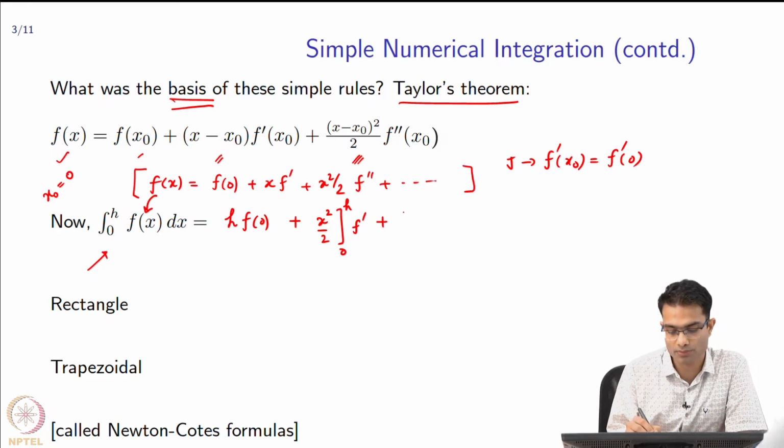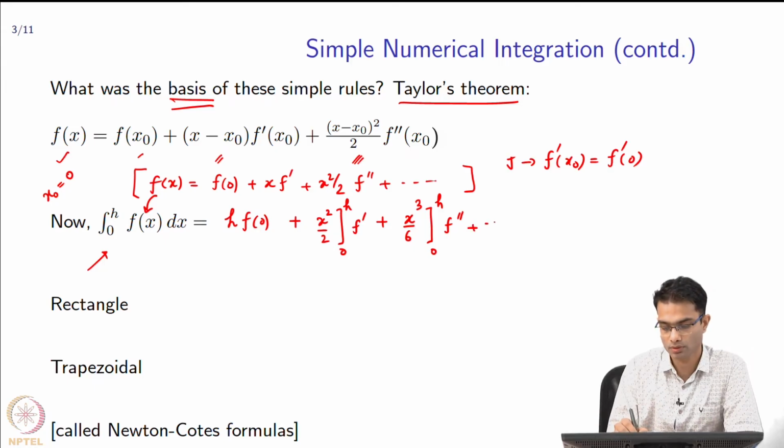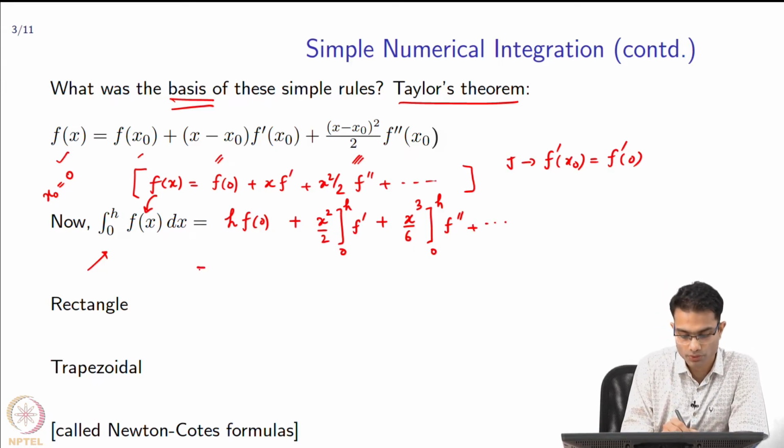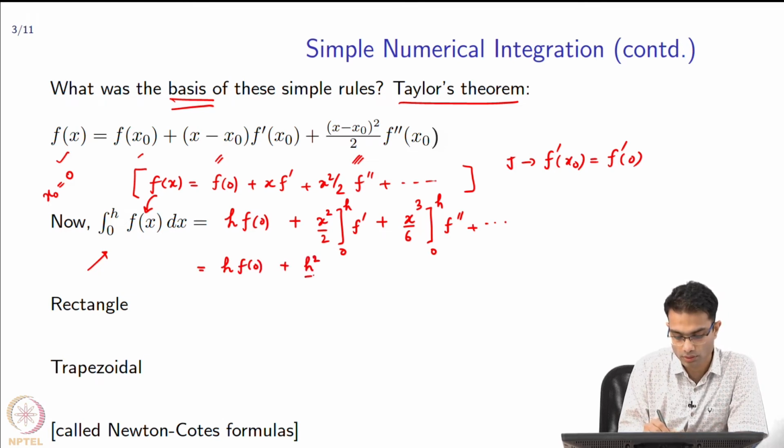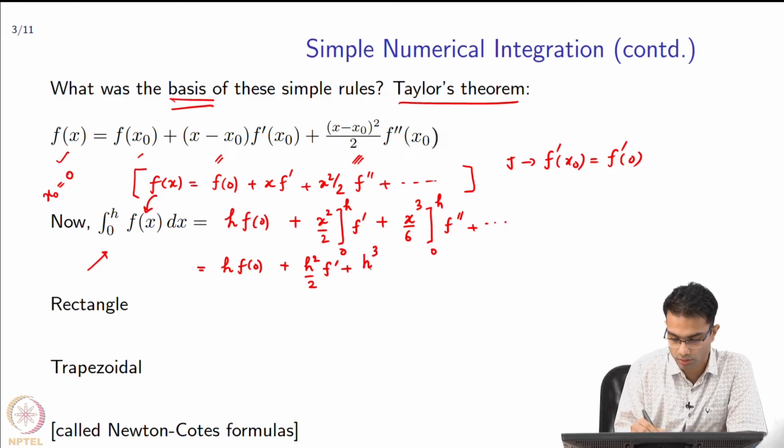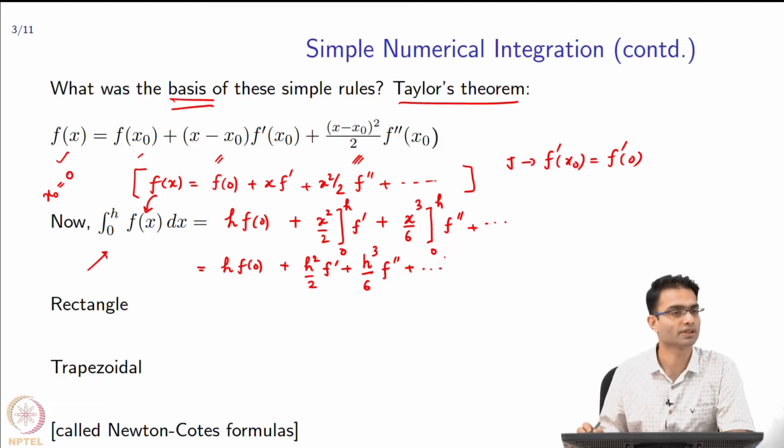And the next term is going to give me x squared by 2 integrated once, which gives x cubed by 6, 0 to h, and I will have f double prime. So this is again very simple to do. All these higher order terms.